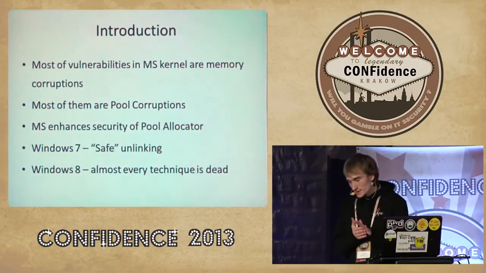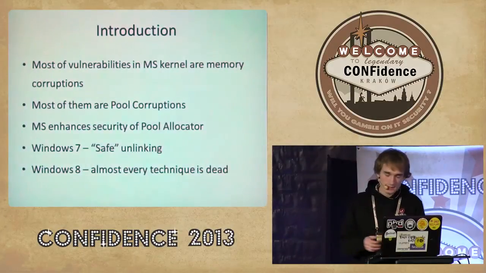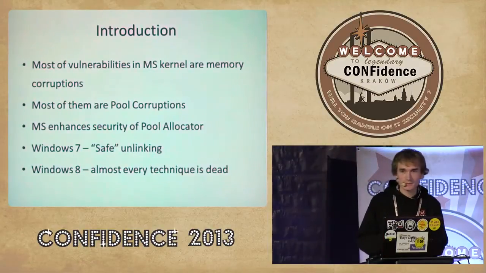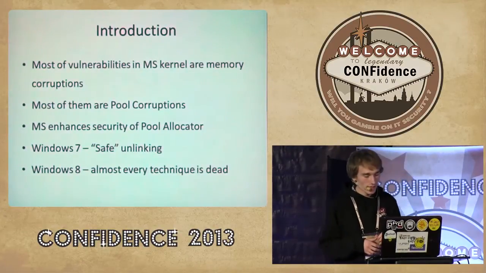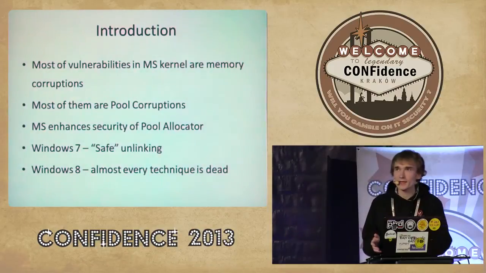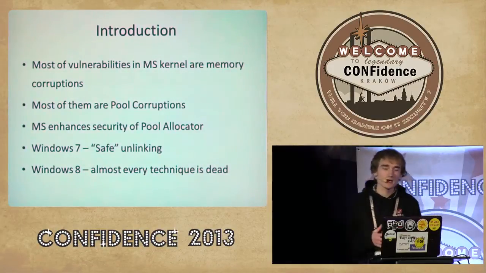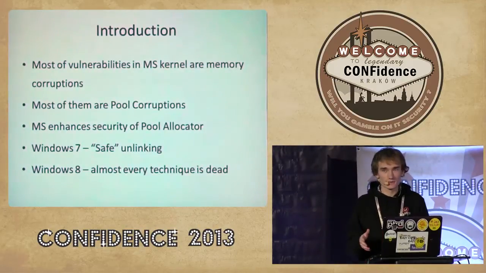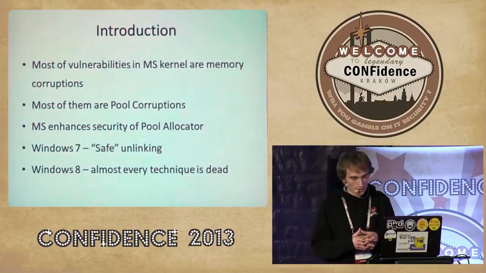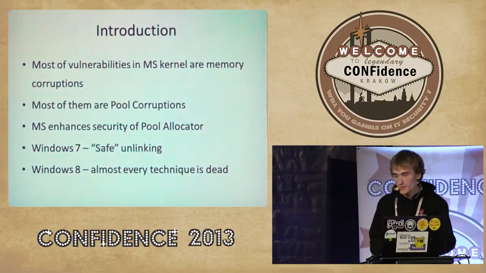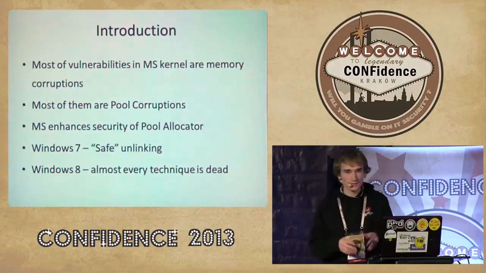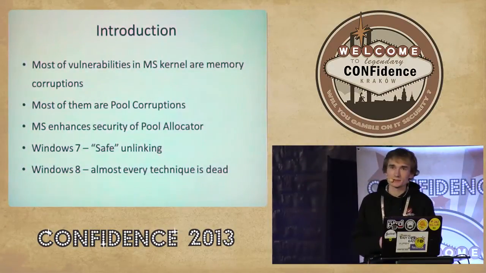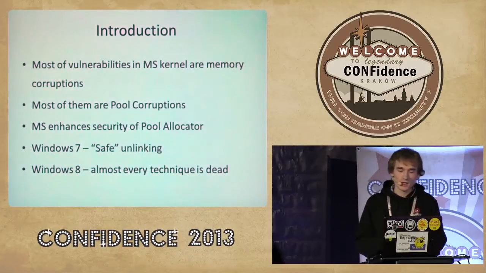I've worked in this industry since 2008, and I analyze almost every security fix by Microsoft, especially for the kernel. Most of the vulnerabilities are memory corruptions, and most of the memory corruptions are pool overflows. Starting from Windows 7, Microsoft enhanced the security of the pool allocator, and in Windows 8 it's very secured.